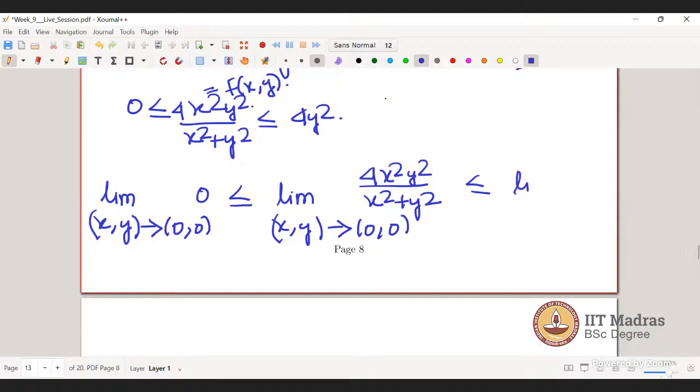Therefore, you conclude the central limit is 0. Exactly. So this is 0, this is 0, and that's why this limit is 0.